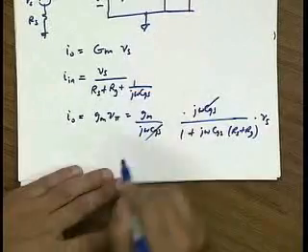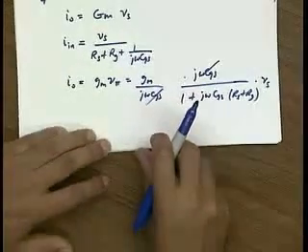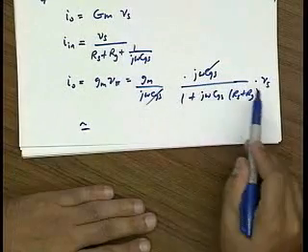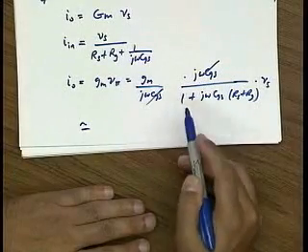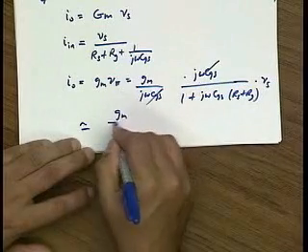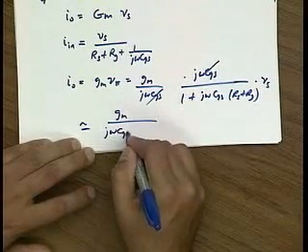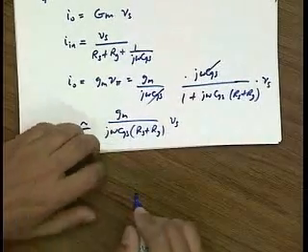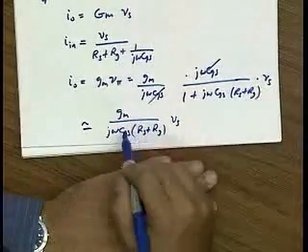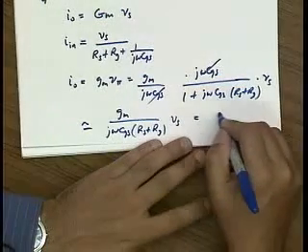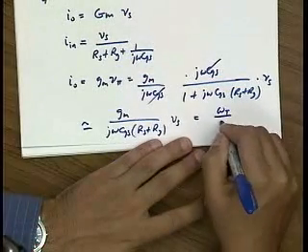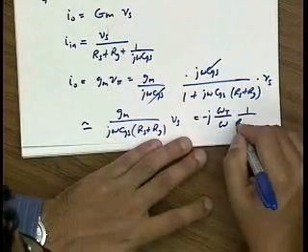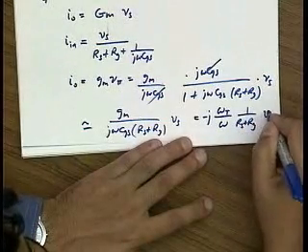So we see this term goes away. And if I assume that I'm at frequencies which are sufficiently high, then this term will dominate over this term 1. And so I'll get gm over j omega CGS (Rs plus Rg) times Vs. And of course, you recognize gm over CGS as the omega t of the device. So this is minus j omega t over omega, 1 over Rs plus Rg times Vs.